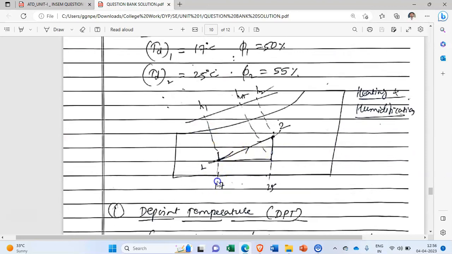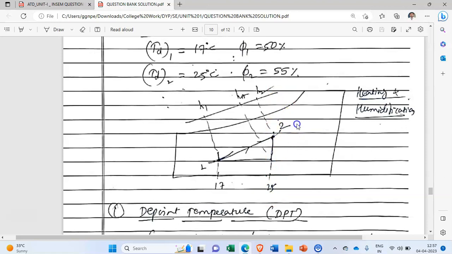Look at this. This is the 17 degrees Celsius temperature, and this particular curve indicates the 50% relative humidity, and you have to mention point number 1. To mark point number 2, just take a dry bulb temperature of 25 degrees and relative humidity of 55%, that is in between 50% and 60%.